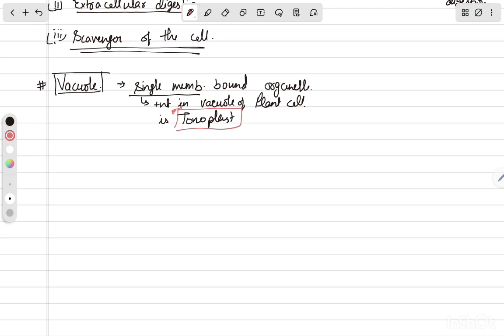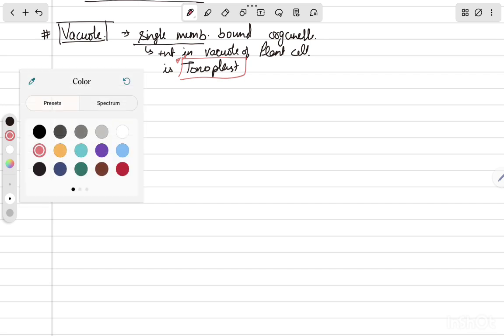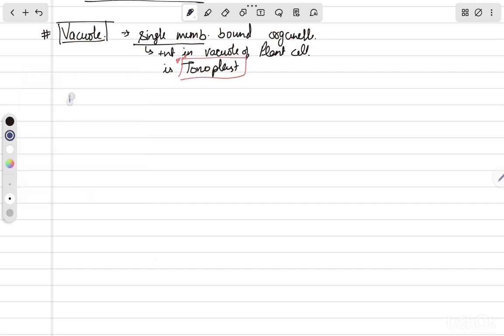Now, in which cell is vacuole present? It is present in plant cell. In plant cell, a large central sap vacuole is present. It is large, means very large.